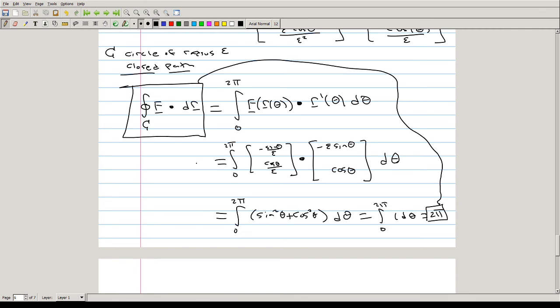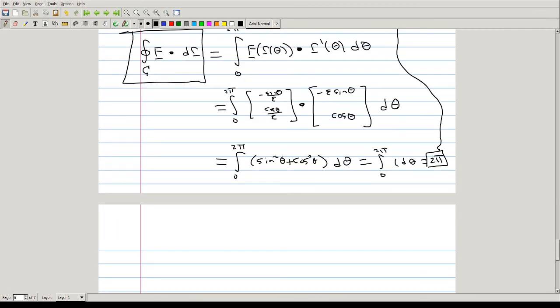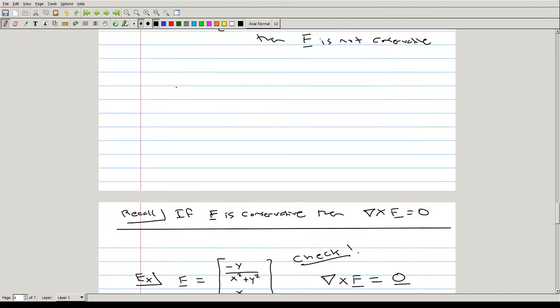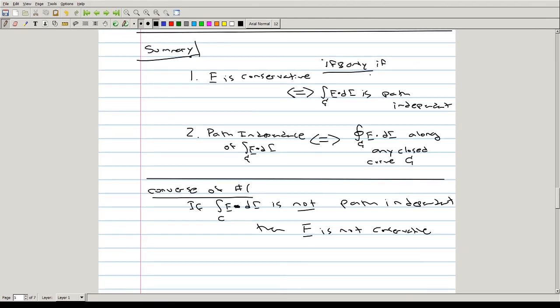This is a closed path that's giving us a non-zero line integral, right? And what that means, going back to our theorem, is that this is not path independent, because the line integral along any closed curve C should be equal to 0. Oh, and I forgot to write this: equal to 0 along any closed curve C implies path independence.